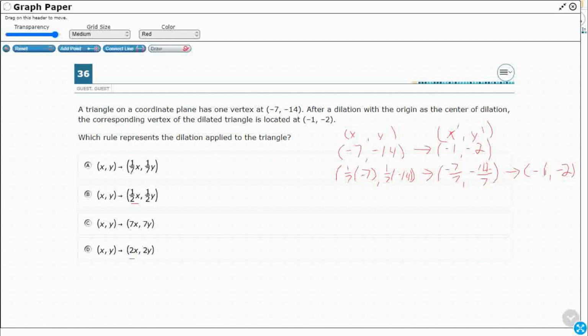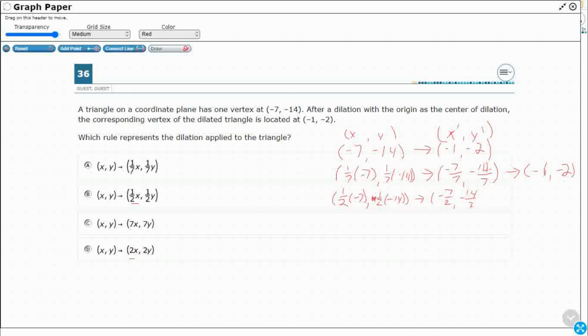Well, as always, we have to check all the other ones just to make sure. So this is going to be 1/2 times -7, 1/2 times -14. That turns into -7 halves, -14 halves.